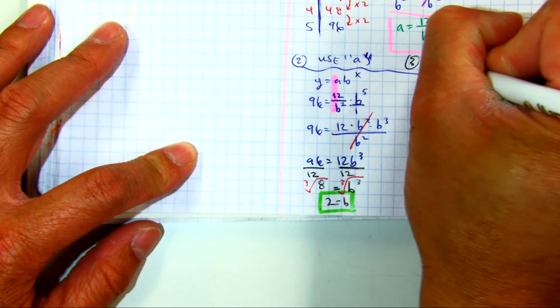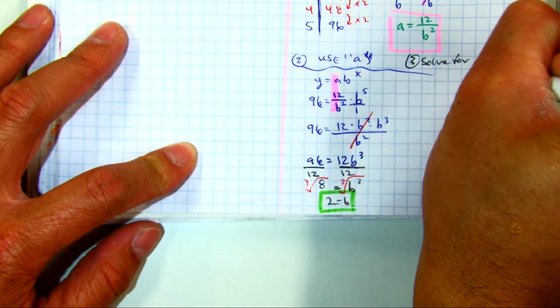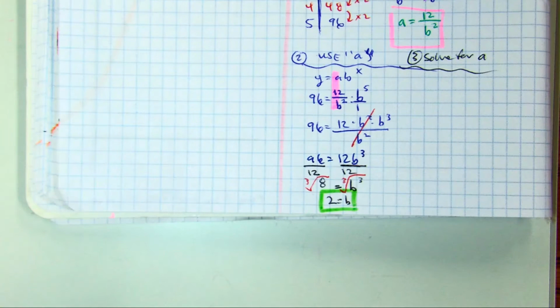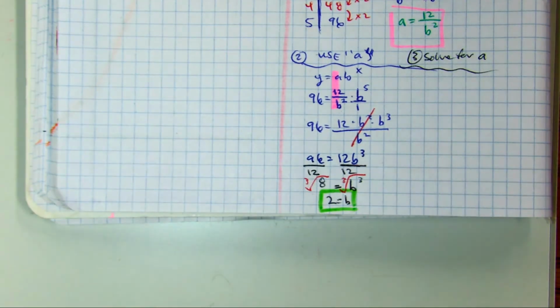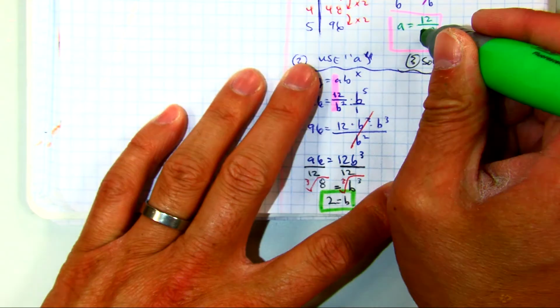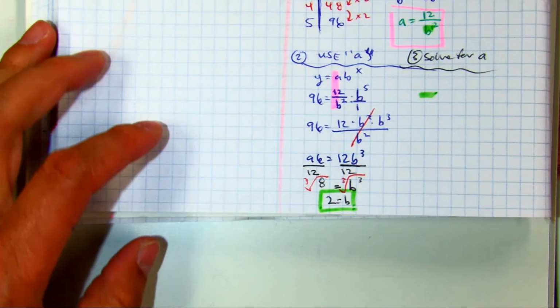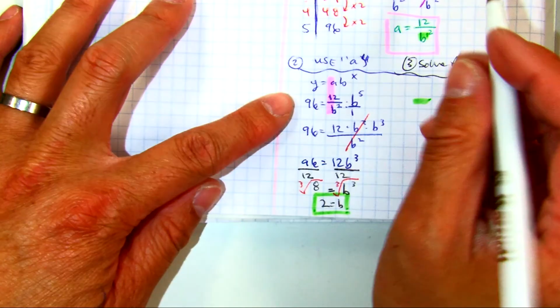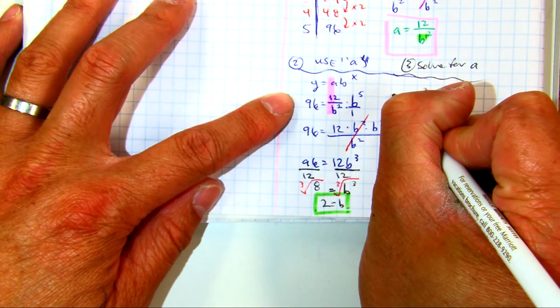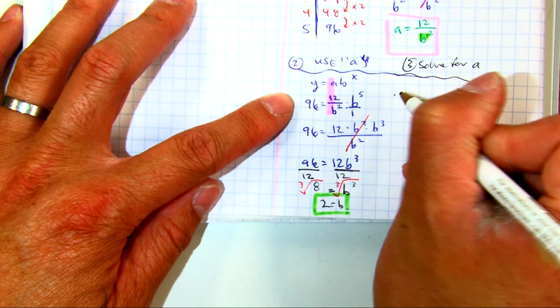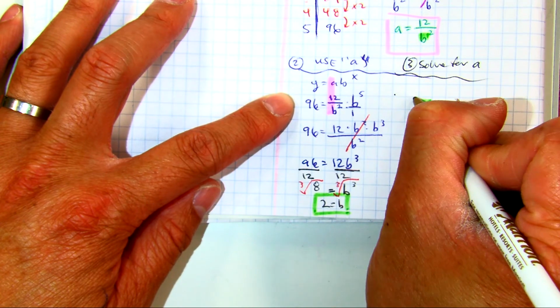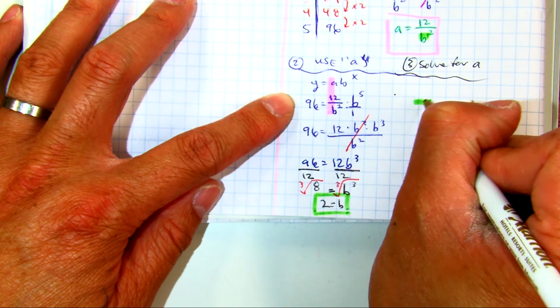Now we're going to solve for A. Put your finger where we're going to use B equals 2. Cynthia, where do I put B equals 2? Yep. Tell me what to write, please. B, so 2.